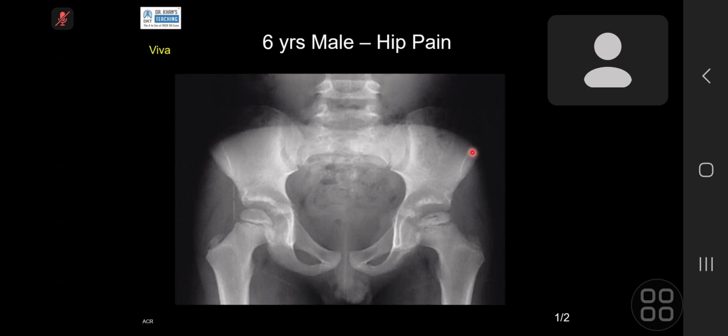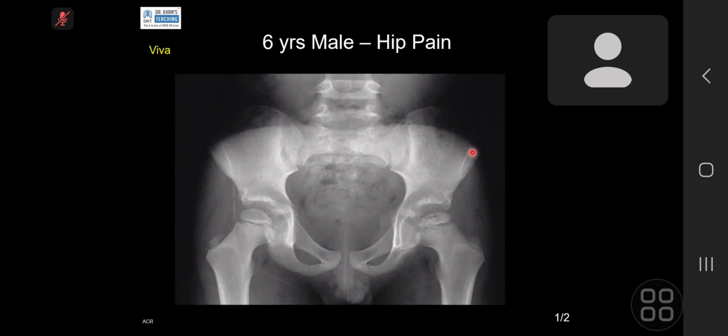So this is an X-ray pelvis frontal AP view. I can see that on the left side, the left femoral head epiphysis appears smaller in size, sclerosed, fragmented, and the underlying metaphysis also appears expanded. And on the left side, the hip joint space appears mildly widened.